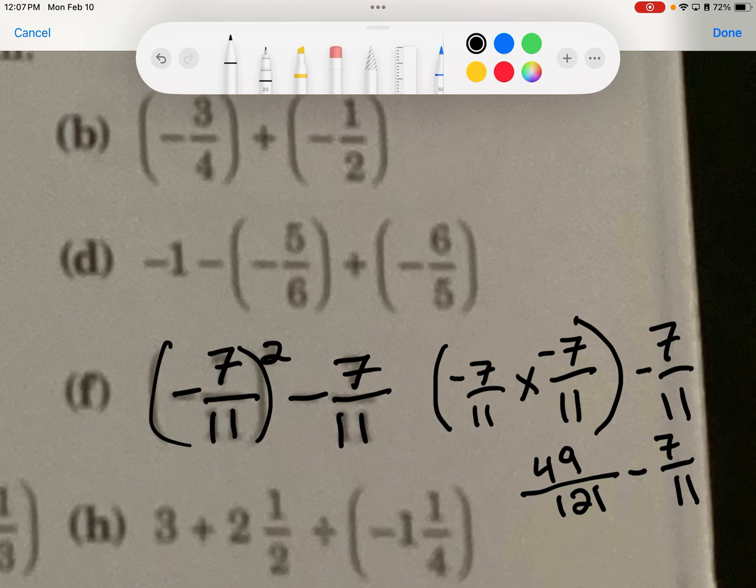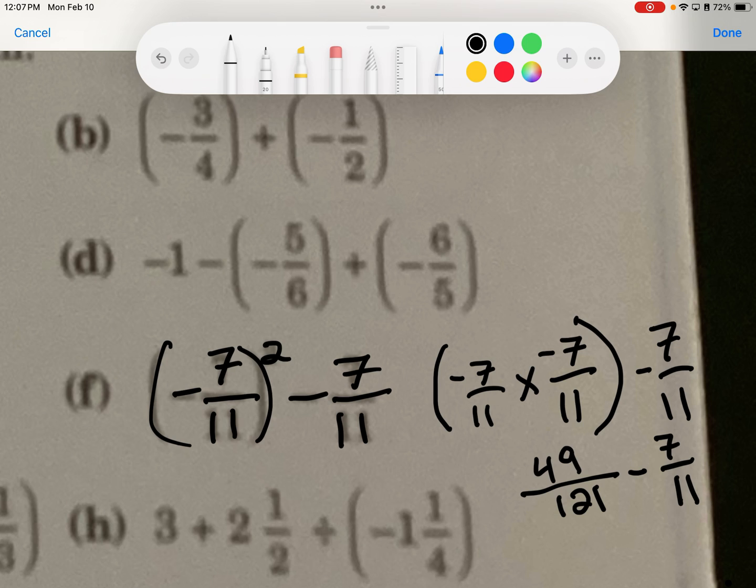Well, we need the 11ths to be equal again. You can't subtract without the denominator being the same. Can't you just subtract the denominators from each other? No. Nope.